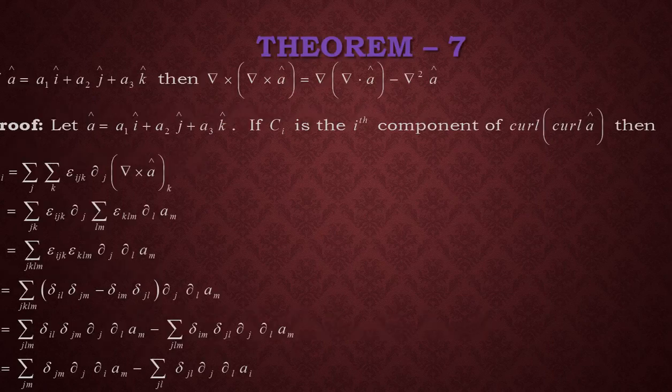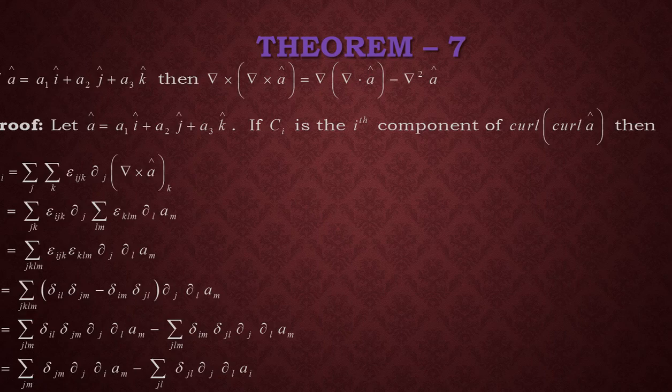Our last vector identity is provided in this theorem, theorem number 7. In this theorem, we select a vector field A cap equals A1 i cap plus A2 j cap plus A3 k cap.